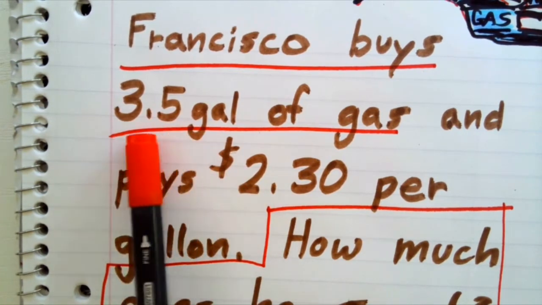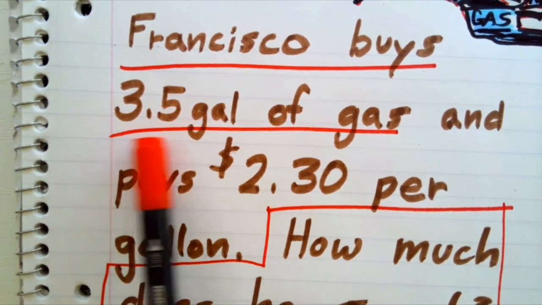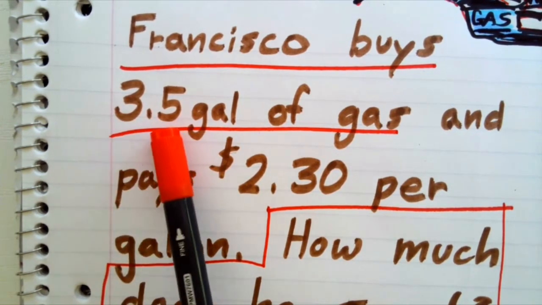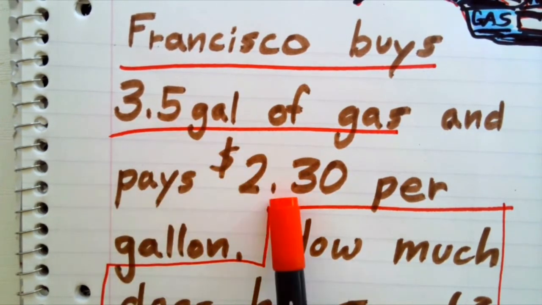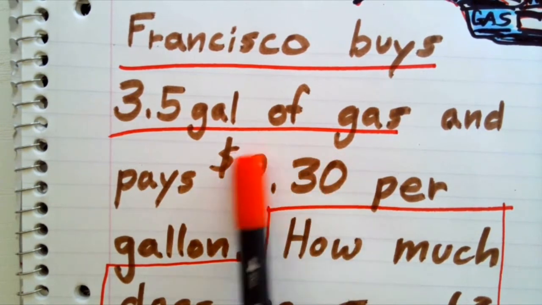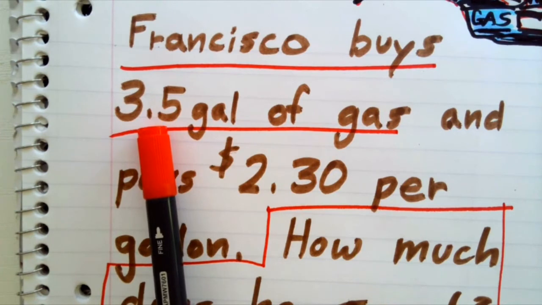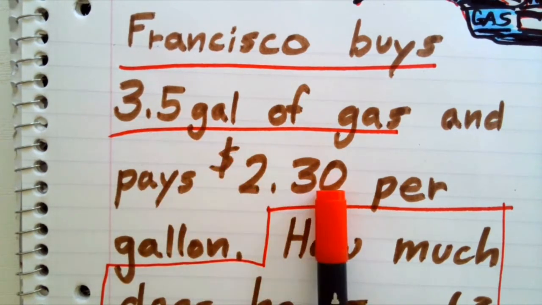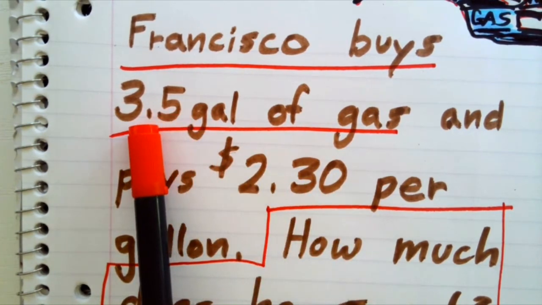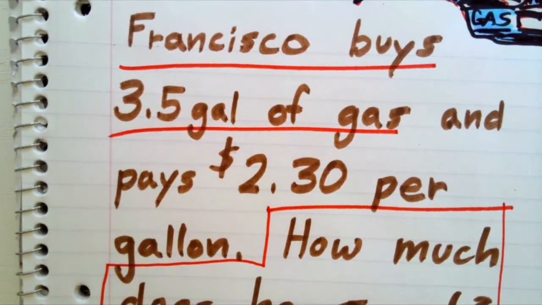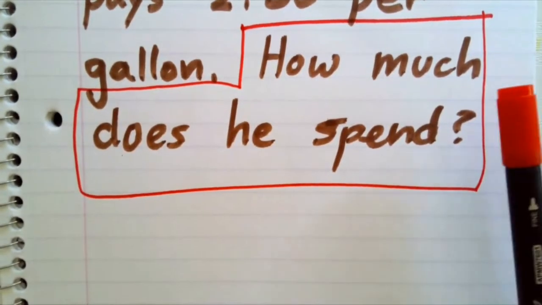How many gallons of gas is he buying? 3.5, or 3 and 5/10. So we need to find out how much he spends if each single gallon, one whole gallon, costs $2.30. How much is 3 and 5/10 of a gallon? 3 and 5/10 gallons. We will need to multiply.